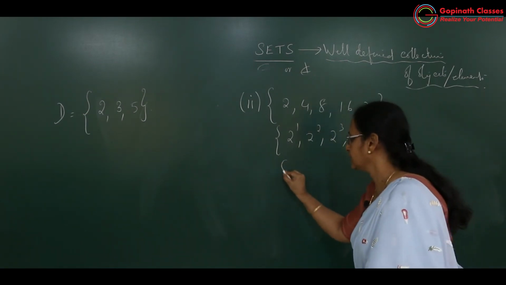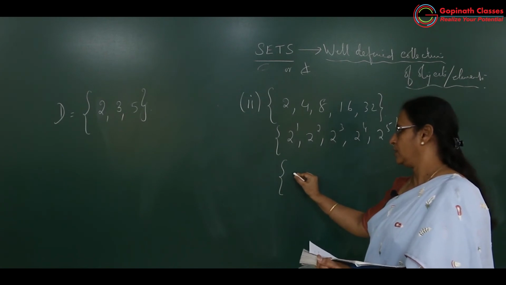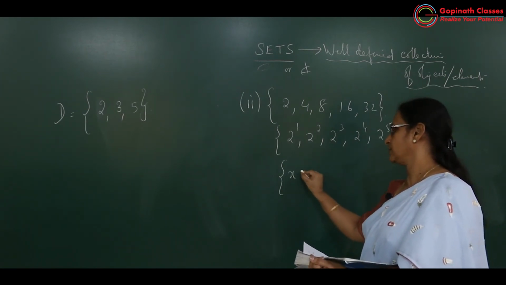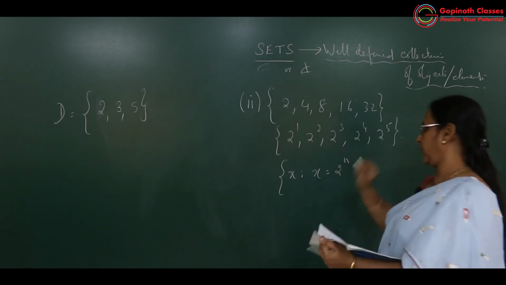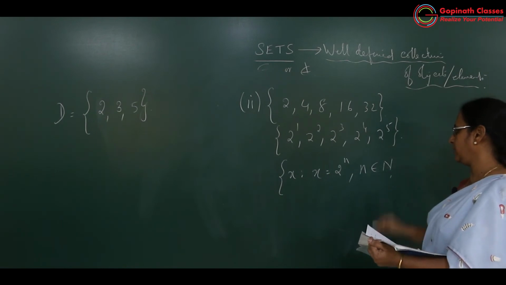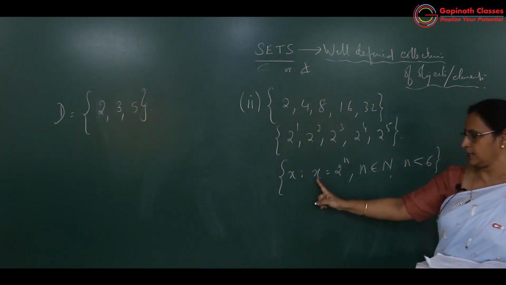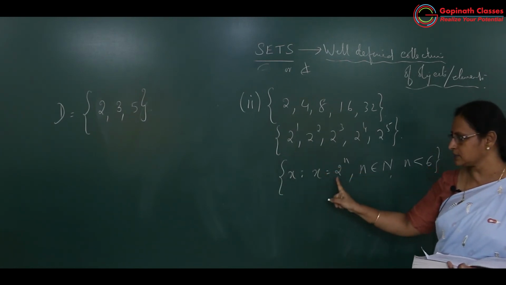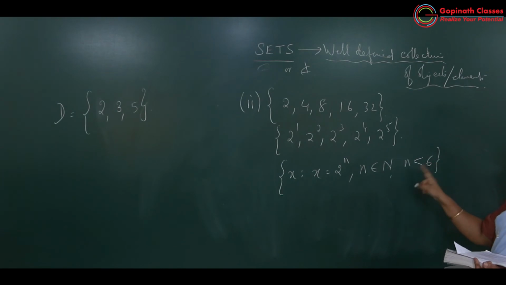We can write like this: set x such that x is equal to 2 raised to n, where n belongs to natural numbers and n is smaller than 6. So clear. What is x? X is 2 raised to n, 2 raised to 1. All the natural numbers smaller than 6.